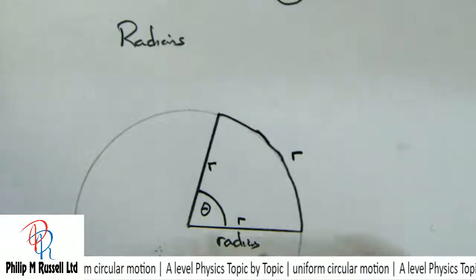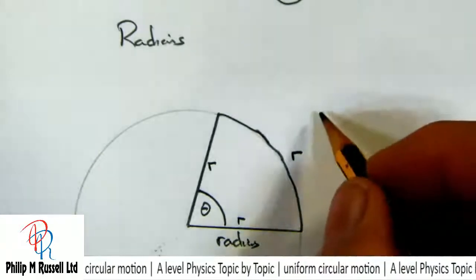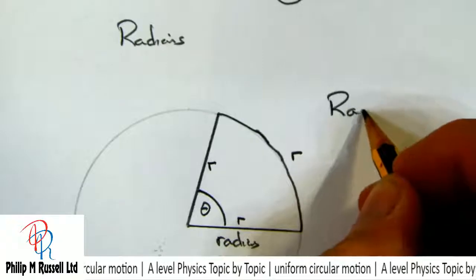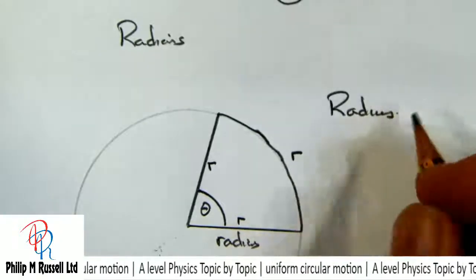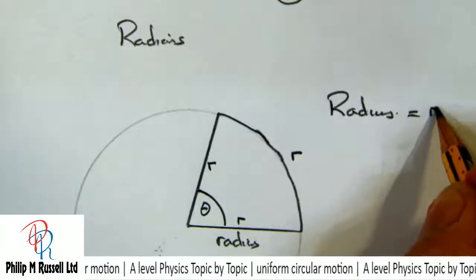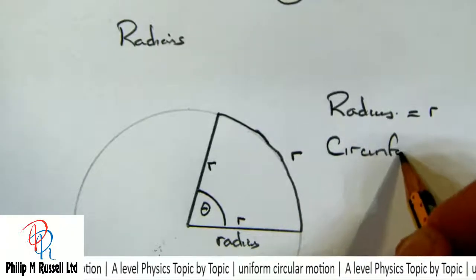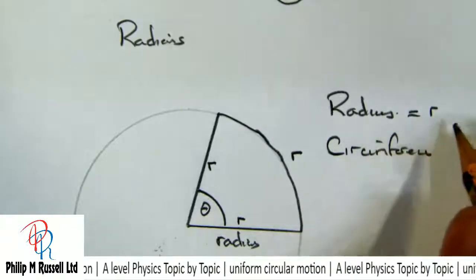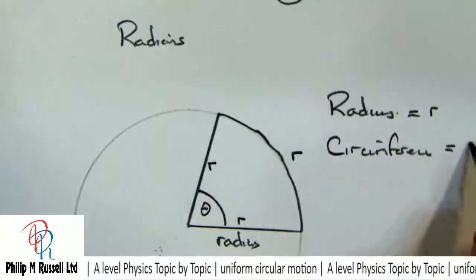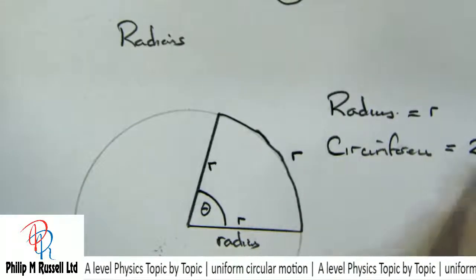So we know from simple maths that if my radius equals r, then my circumference is going to equal 2 pi r.